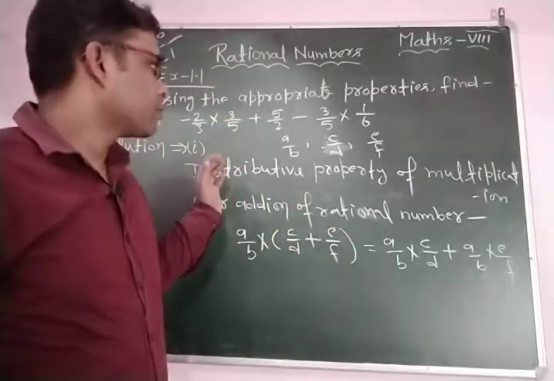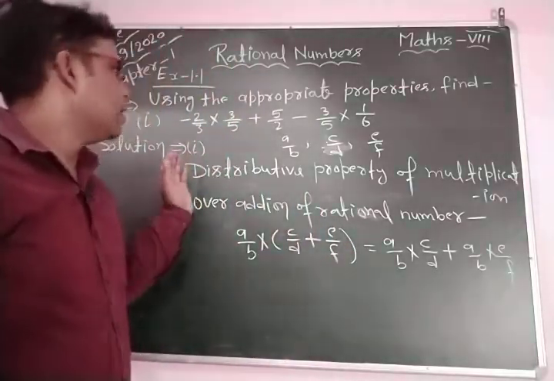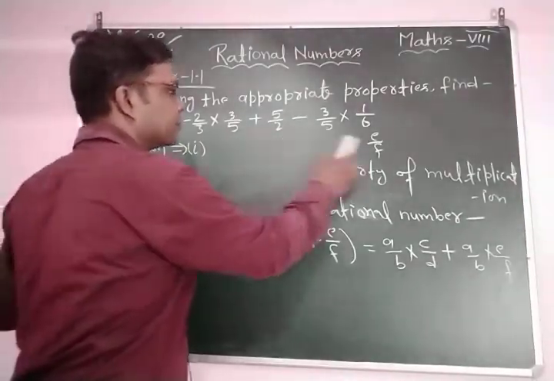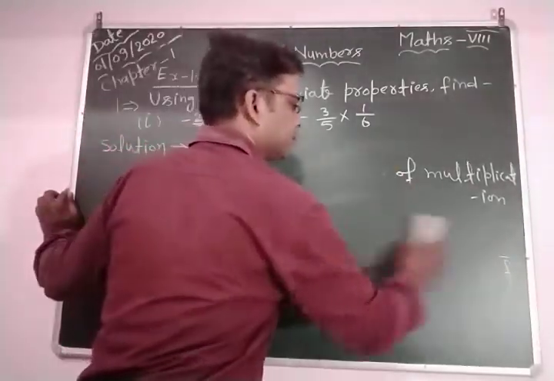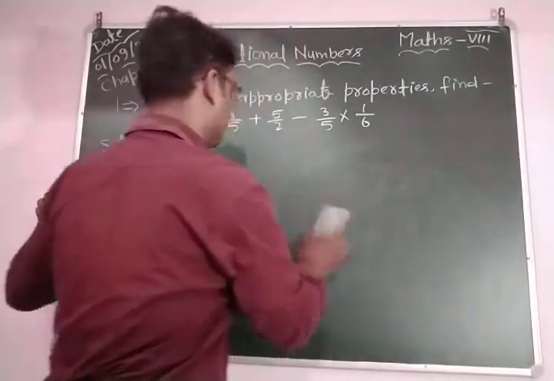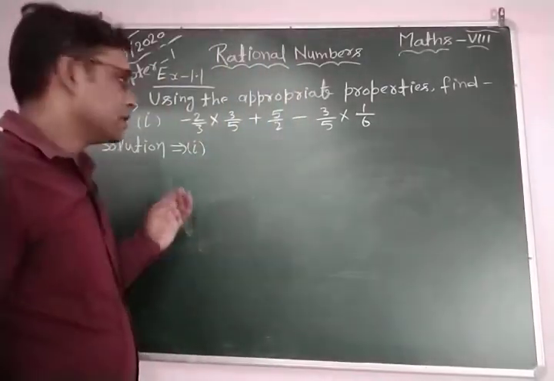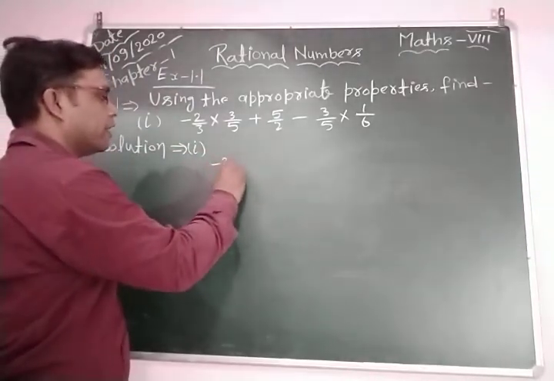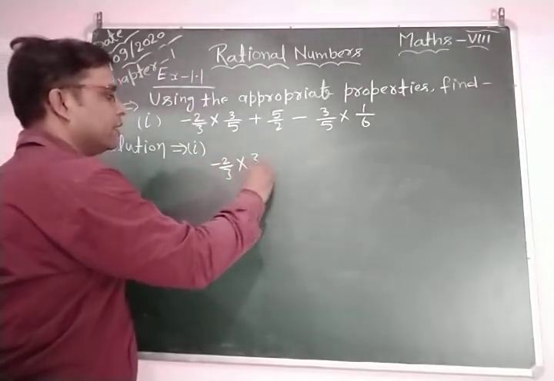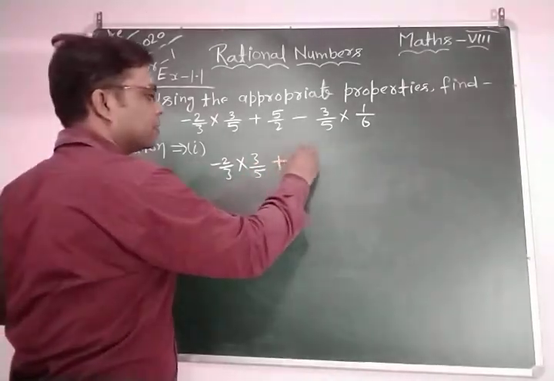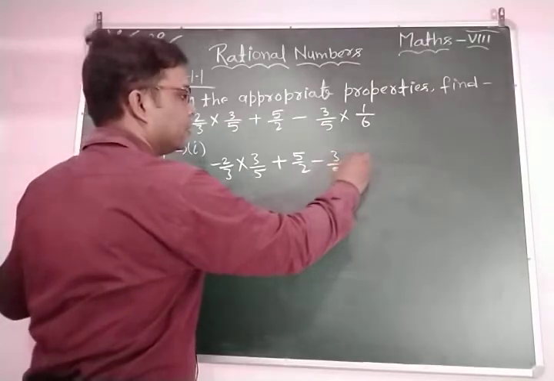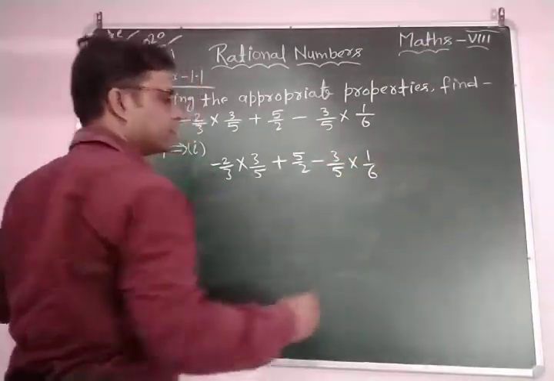Now we are going to discuss the first part of question number 1. This is given: minus 2 by 3 into 3 by 5 plus 5 by 2 minus 3 by 5 into 1 by 6.